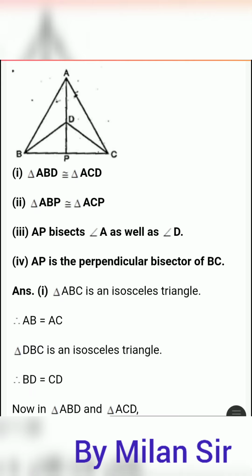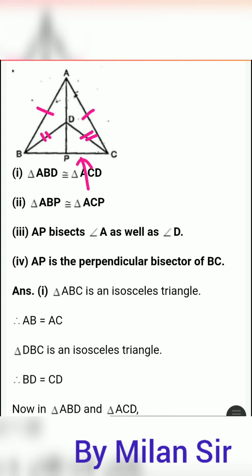In the first question, AB is equal to AC because triangle ABC is an isosceles triangle.